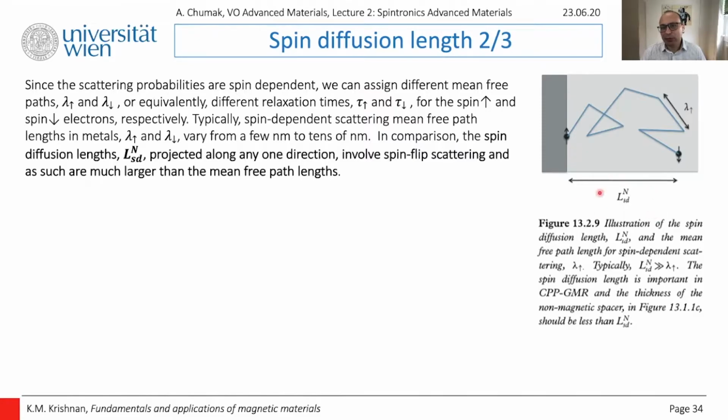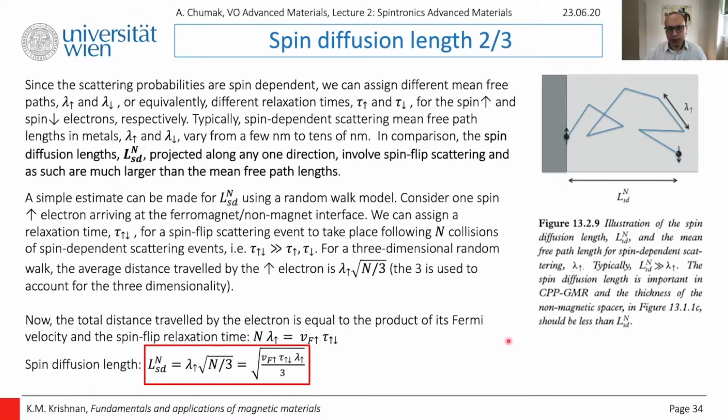But coming back to the question of spin diffusion length, as you can see in this figure, our electron will go through such a complex trajectory, and then at some point, there will be a spin flip event. The distance which the electron propagates before we change its spin is named the spin diffusion length, this parameter. So we need to choose some coordinate, usually along which the electric current is oriented, and we define this projection here as the spin diffusion length.